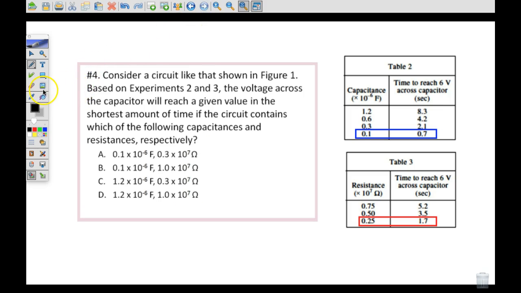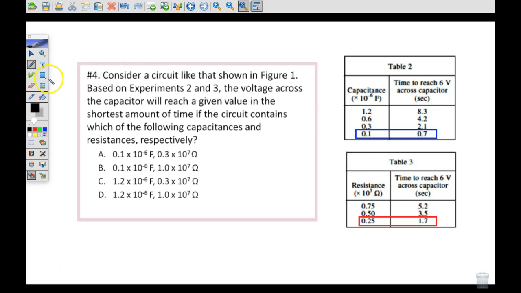In the last question, it wants you to consider the circuit shown in figure 1, but you actually don't need that image. All you need to do is compare the data tables for experiment 2, which is table 2, and experiment 3, which is table 3. If we want to determine the combination of variables, the capacitance and resistance, to have the shortest amount of time, we have to pick out the values that give us the shortest amount of time based on the data table.